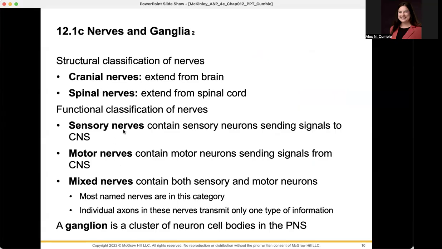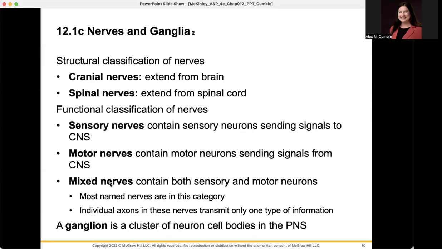These nerves can follow very similar classifications to what we just looked at for neurons, okay? We have sensory nerves, which contain sensory neurons sending signals to the CNS. We would call these afferent nerves, sending signals to the brain and spinal cord. We have motor nerves, which are made of motor neurons, sending signals away from the CNS, efferent.